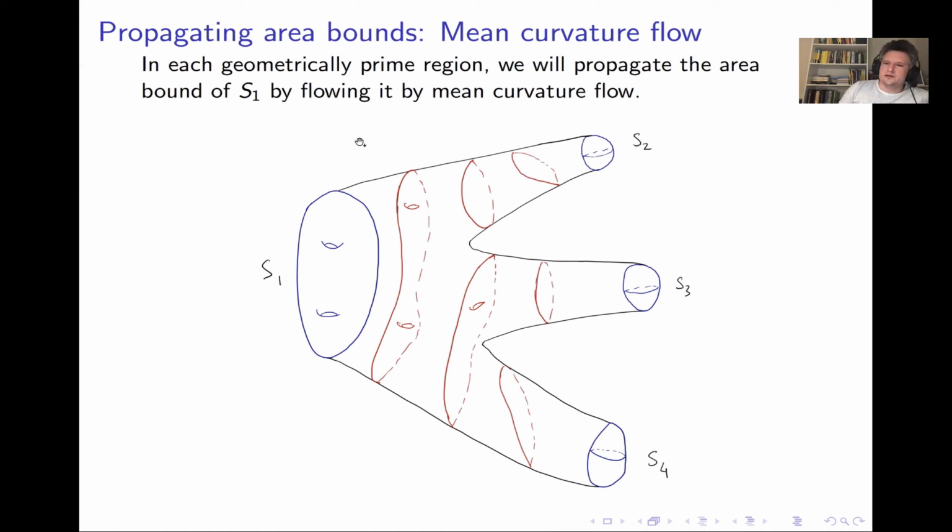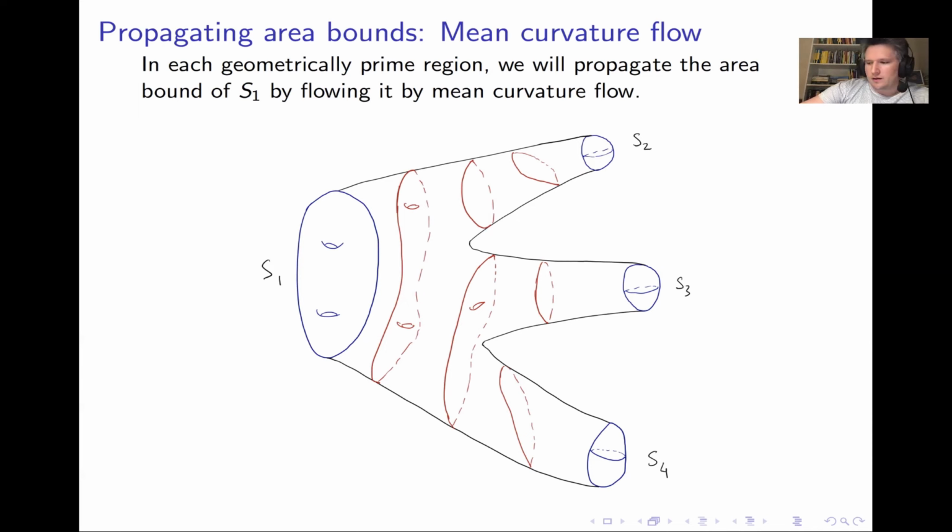So it's a foliation with small area. Now, again, I have to do something about the small areas, but I claim you do that by hand. So in the end, what you get is a map from this geometrically prime region to a graph, where the pre-image of every point corresponds to a connected component up top, and it's going to have bounded area. So that's how you propagate area.